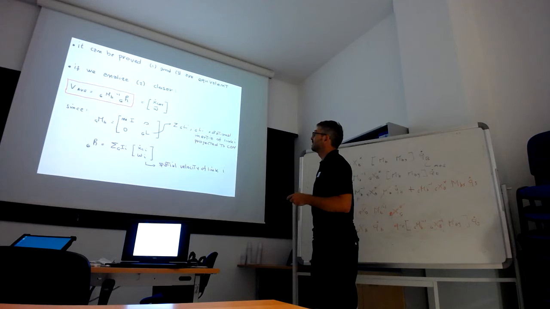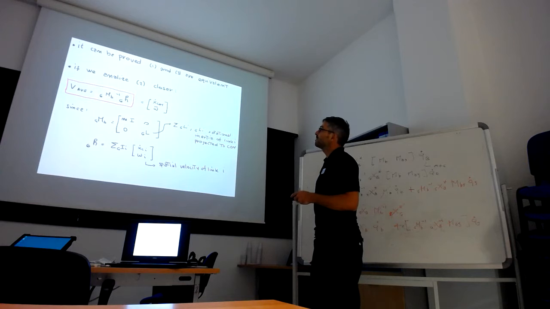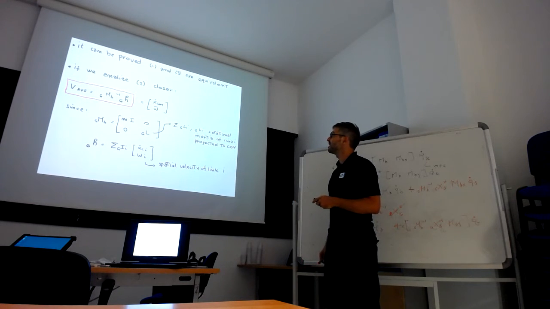If you analyze this relationship closer, we know that this matrix is a diagonal matrix, because if you express the tensor of inertia, the spatial inertia, in the center of mass, it becomes diagonal.